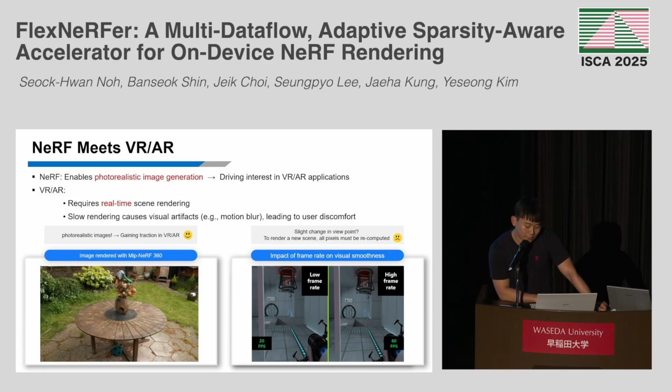And if the hardware can't update the image fast enough, you get motion blur, as shown in the figure. This not only breaks the realism, but can also cause user discomfort like dizziness or nausea. That's why real-time scene rendering is so critical in VR and AR environments.